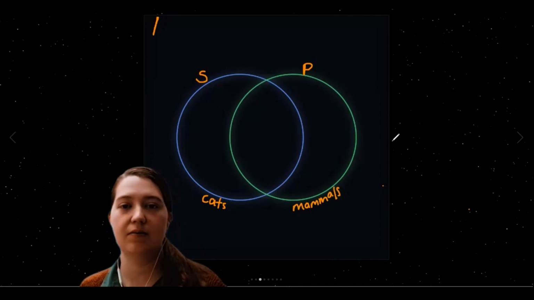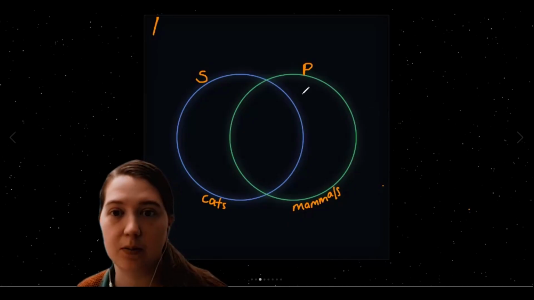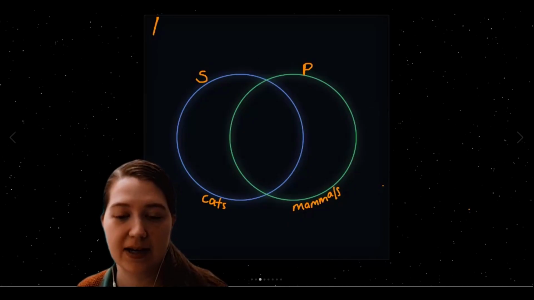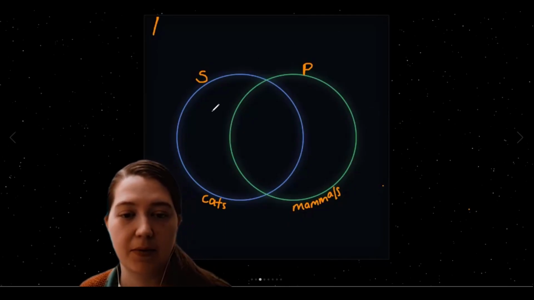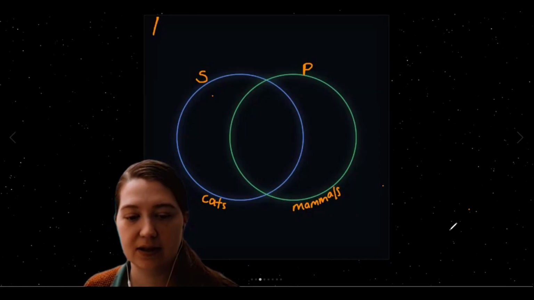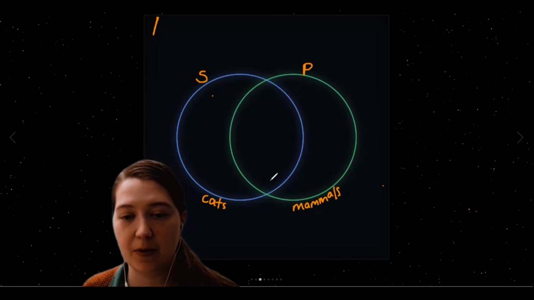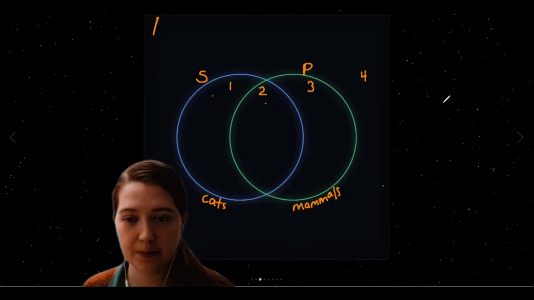Okay, so again, everything in my universe goes somewhere on this concept map, right? If it's a cat but not a mammal, it goes here. If it's a cat and a mammal, it goes here. If it's a mammal but not a cat, it goes here. And if it's neither cat nor mammal, it would go somewhere on the outside of these circles.